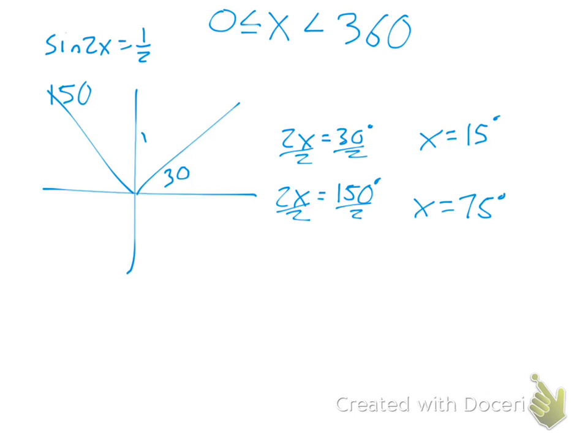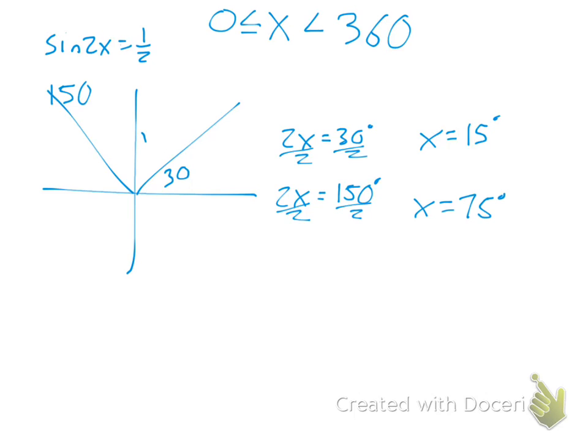Here's the thing. We can't let it be that easy, because I'm looking for all answers of x between 0 and 360. X is only 15 and 75. Those are relatively fairly small, don't you agree?